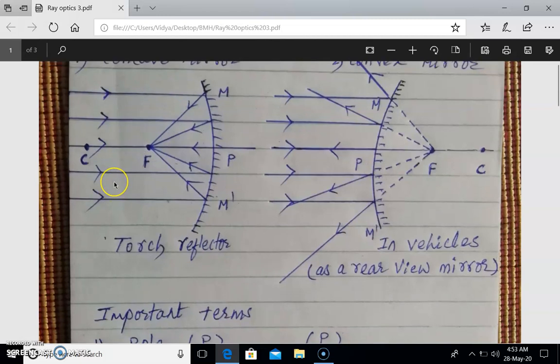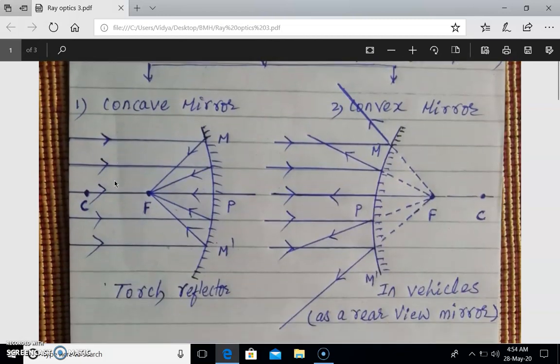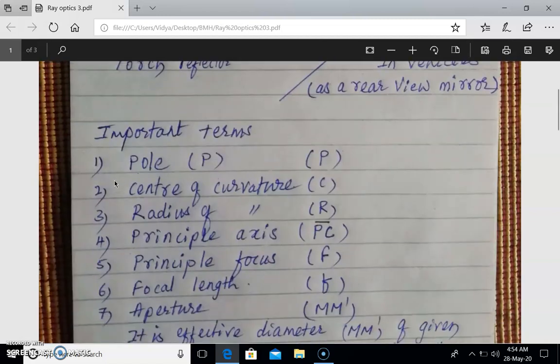Then principal axis: a straight line passing through the pole and center of curvature is called the principal axis. Then the next term is principal focus. It is a point on the principal axis. When a parallel beam of light is made to fall on a concave or convex mirror, after reflection the rays meet at a point on the principal axis, or appear to diverge from a point on the principal axis, called the principal focus.